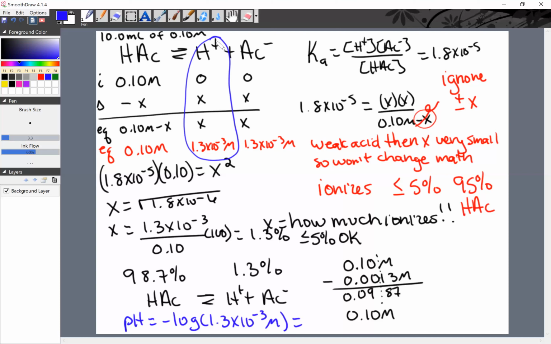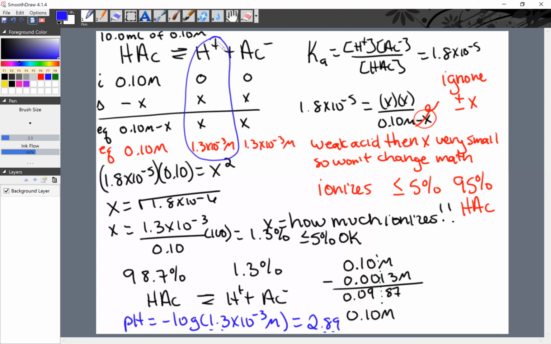And that is 2.89. And remember, there's 2 total, so you get 2 after. So this pH is 2.89. Did we expect an acidic pH? Yes, we did. All right, so that's how you would go through and you would do the assumption.